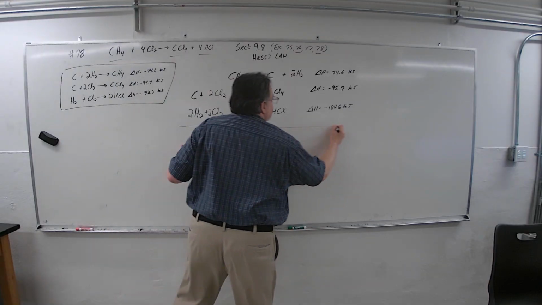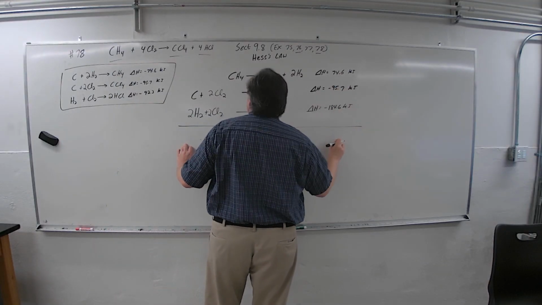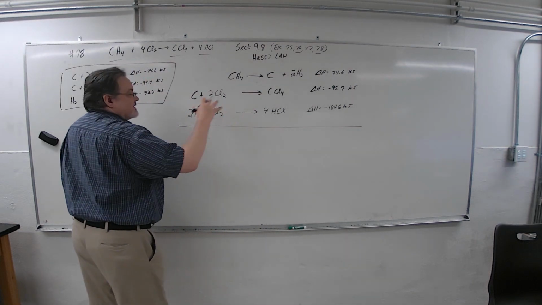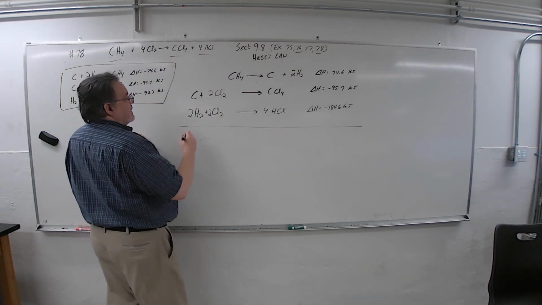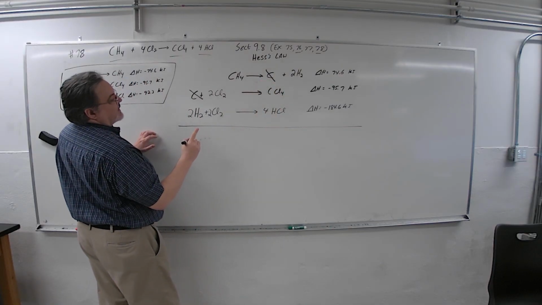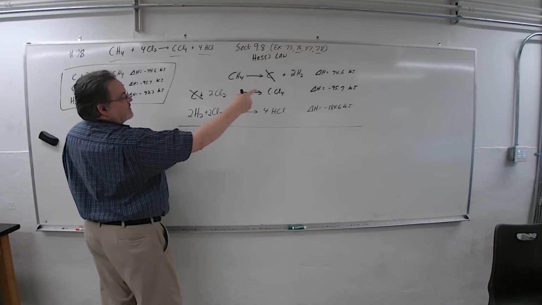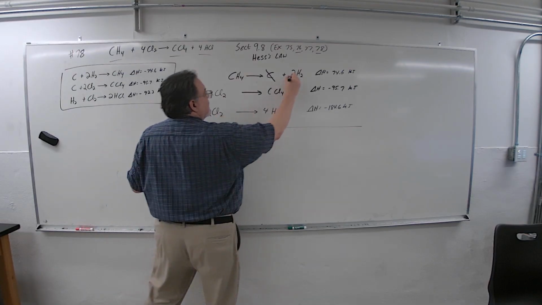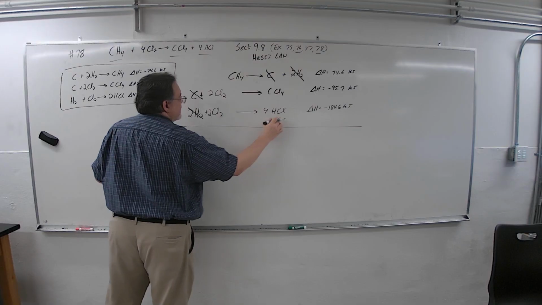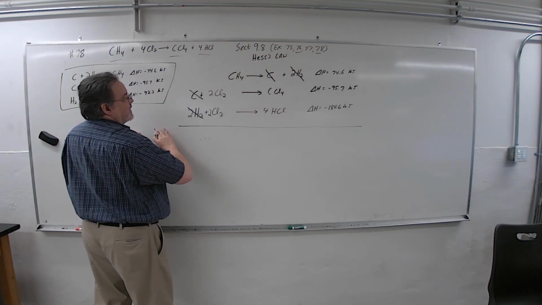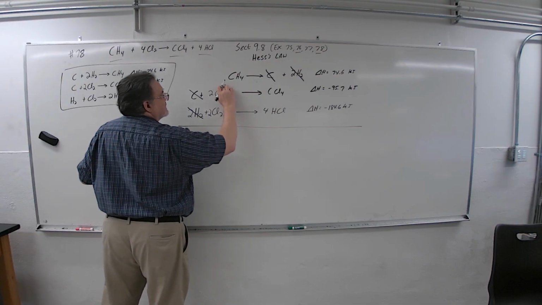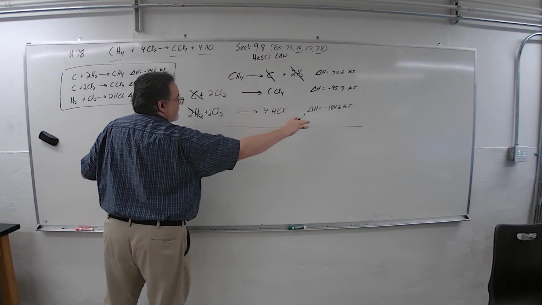If I add this up, I'm going to add these to get the delta H for this. But if it's the same on both sides, I can eliminate it. So eliminate the C, the 1 C. I can eliminate also the 2H2. And that's it. Over here I have CCl4, HCl. Neither of those show up over here. Over here I have 2Cl2, 2Cl2, and CH4, and none of those show up over there.